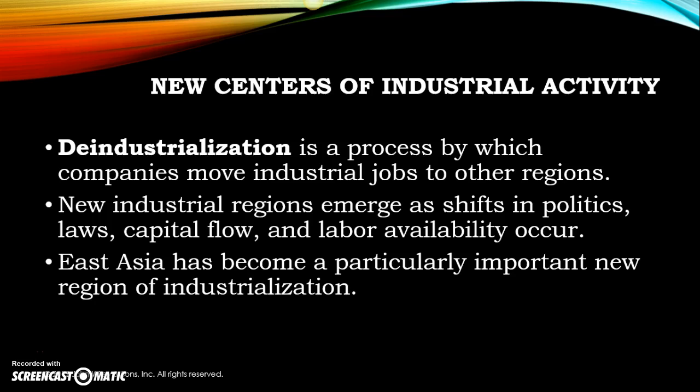But where we have seen a lot of industrialization occur recently is in East Asia, right? Especially in China, but also India slowly but surely becoming more industrialized. And a lot of those countries around China and India have become very important when we start talking about industrialization in the modern world.